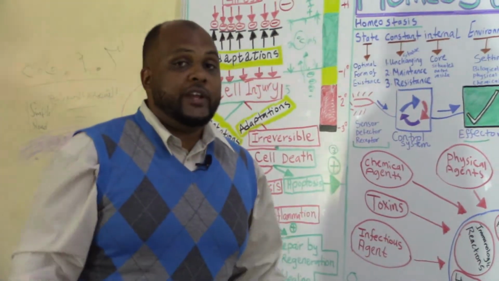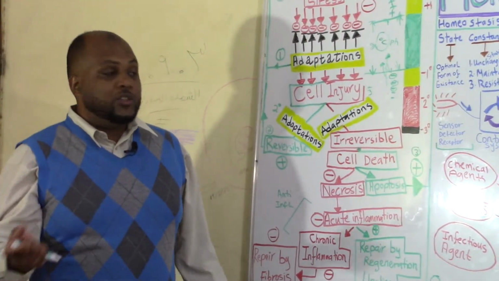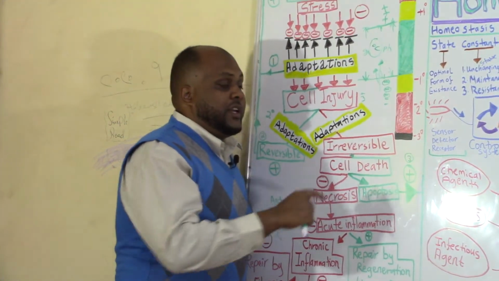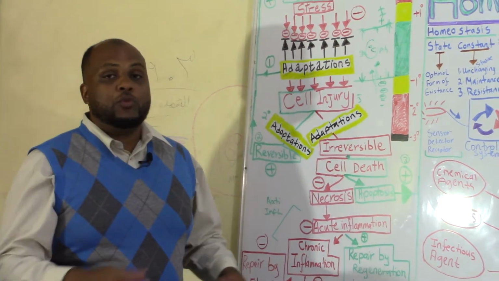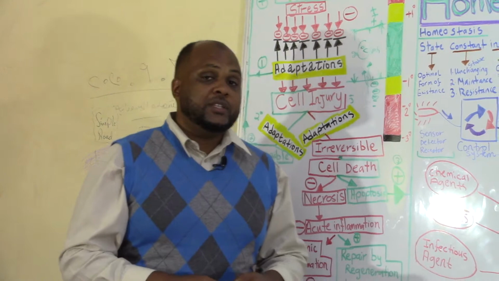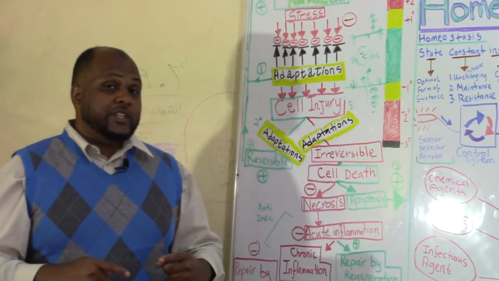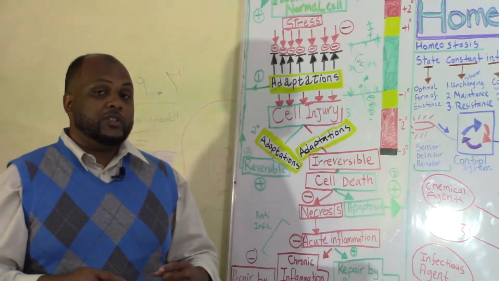cannot be created or destroyed, but it can shift from one form to another. So here there was a change in the form of energy, from energy in the form of ATP, which is abundant in the body, generated by oxidative phosphorylation, as we mentioned earlier, in the mitochondria.